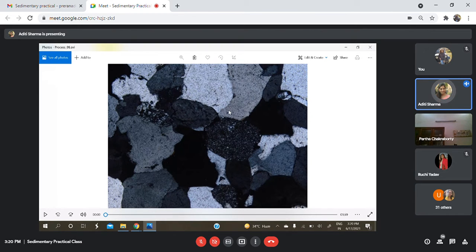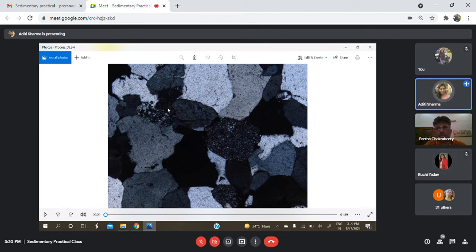If there is a pseudomatrix, you will see fragmentation of grains, or altered features as if a grain is decomposing. But if it is a clast and it is transported, you will have a clast boundary, and you will also get the oxidized rim if it got exposed to subaerial conditions.